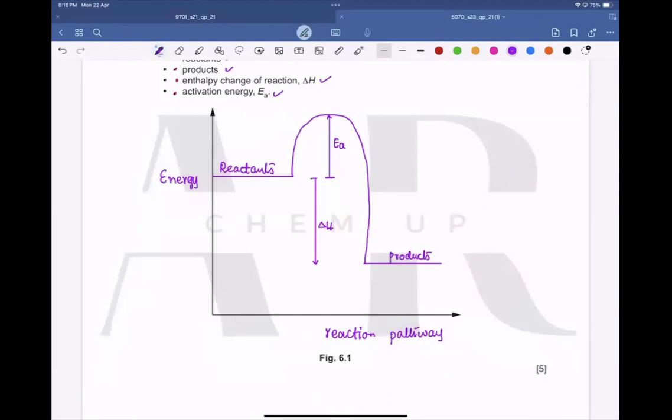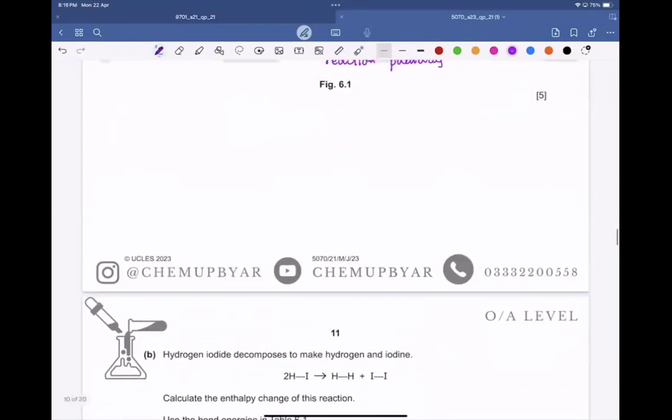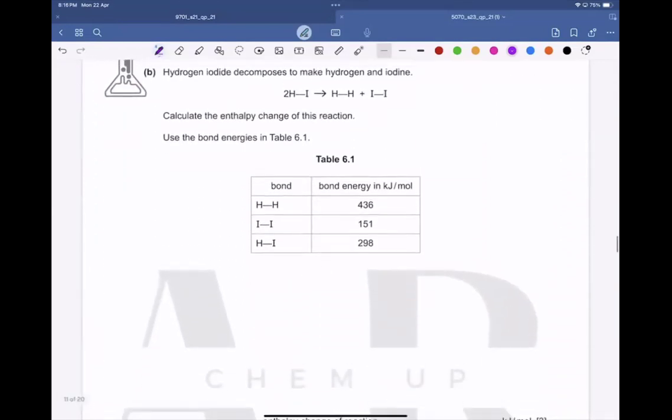Okay. Now, the next question. Hydrogen iodide decomposes to make hydrogen and iodine. Calculate the enthalpy change of this reaction. Use the bond energies in table 6.1. If you recall, the formula is that the enthalpy change equals the bond energy of the bonds broken minus the bond energy of the bonds formed.